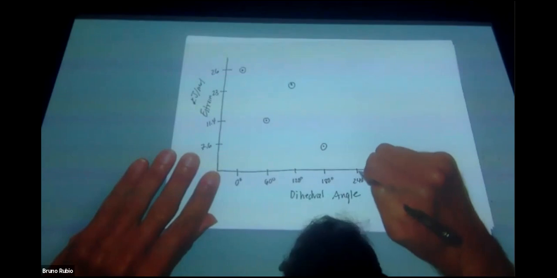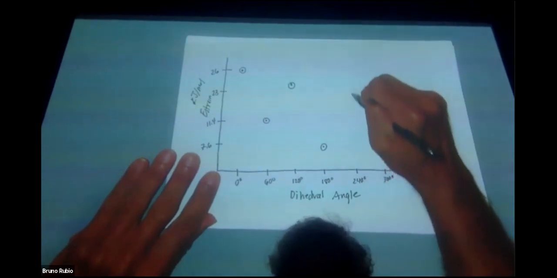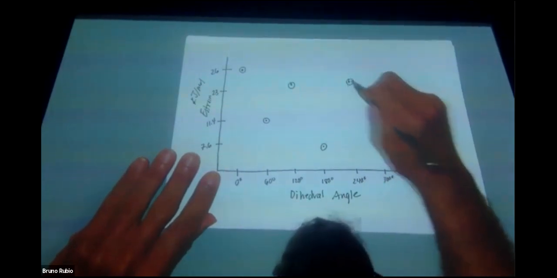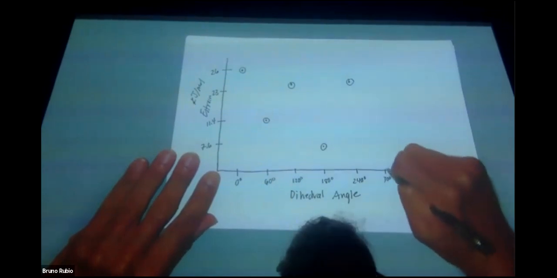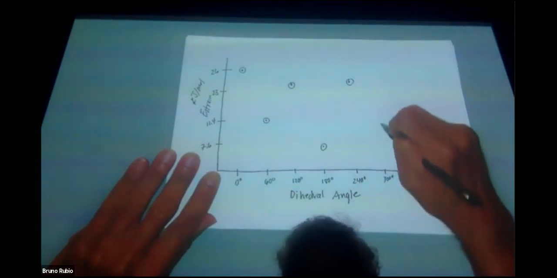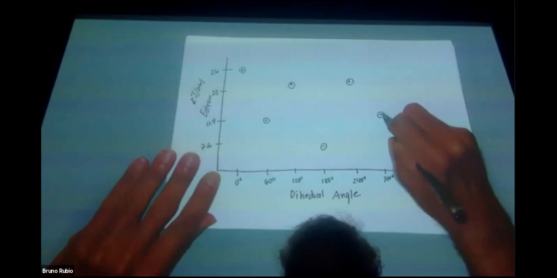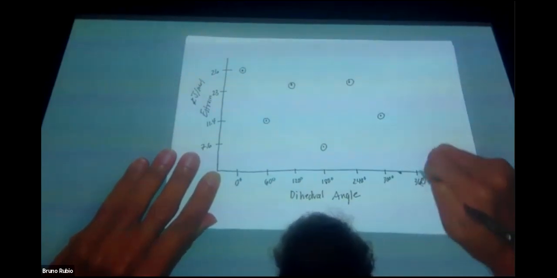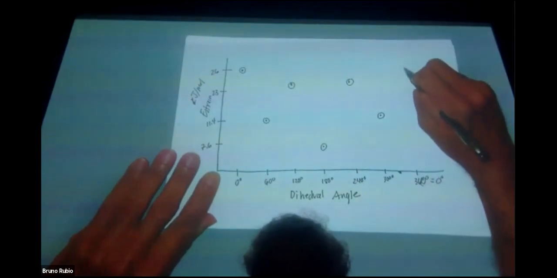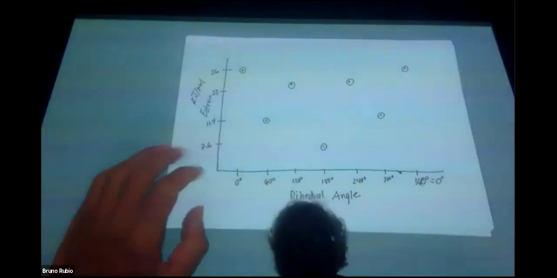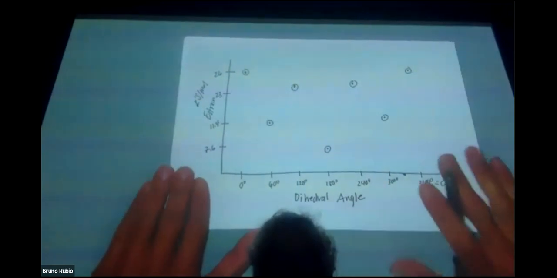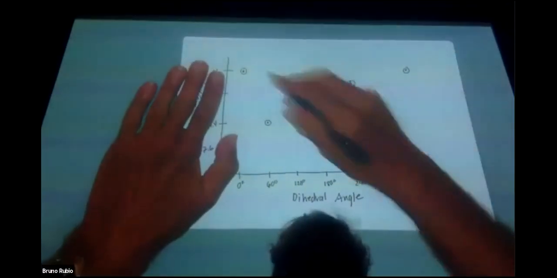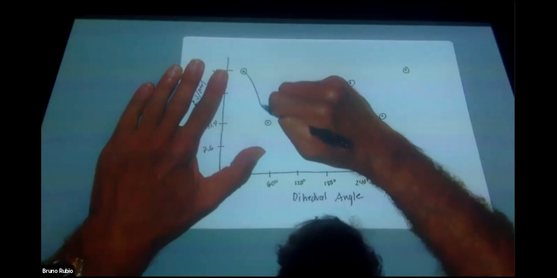The 240 had 23. The 300 had 11.4. And the 360, which is the same as the 0, and the 0 had 26. All right, so there's all my data. Now I'm going to hook everything up with a nice smooth curve.